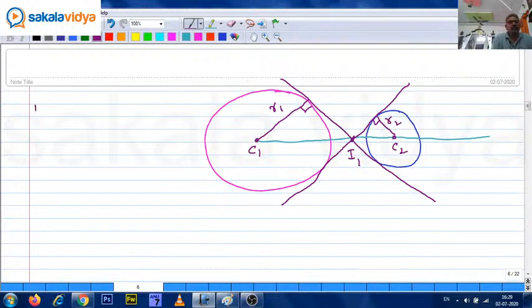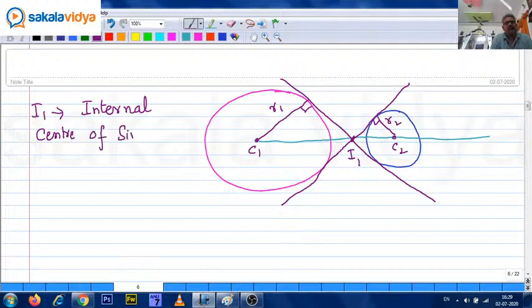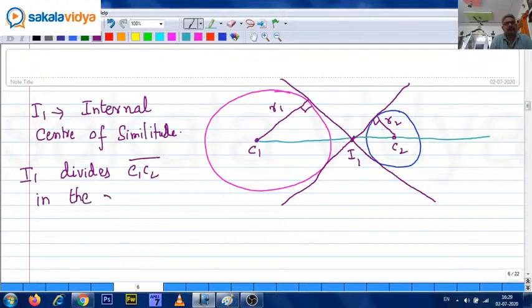Now here I1 is called the internal center of similitude. So I1 divides C1 C2 in the ratio R1 is to R2 internally.